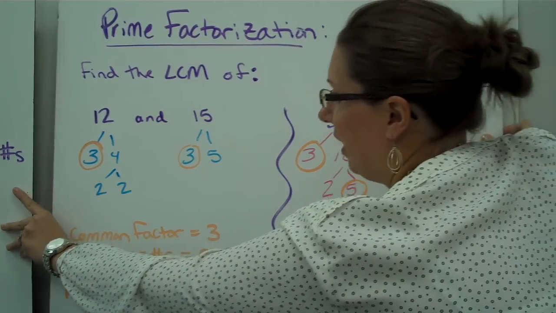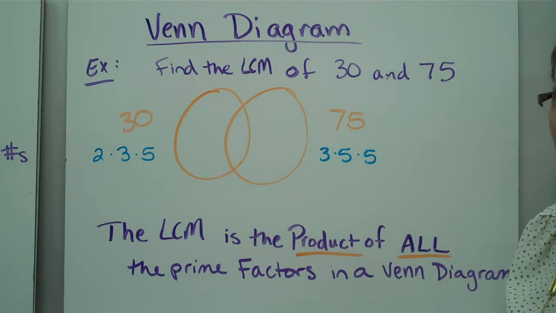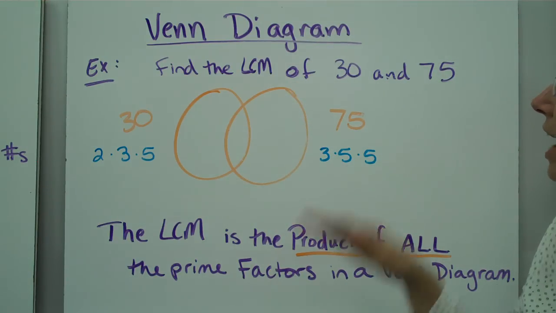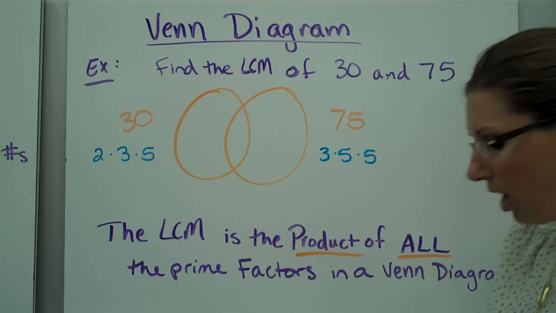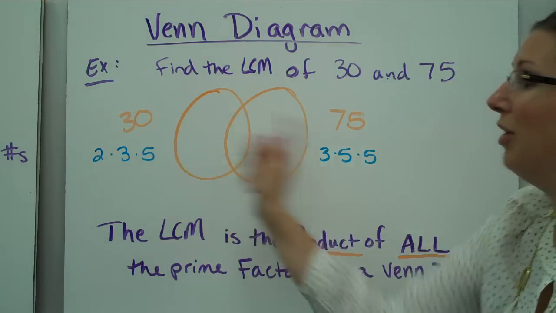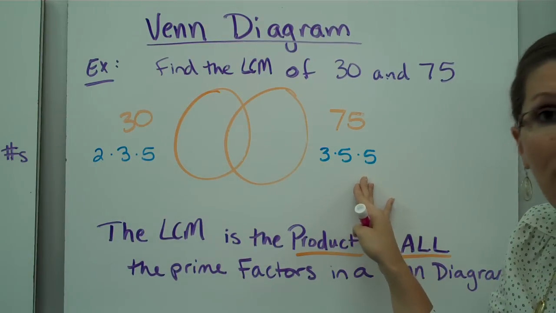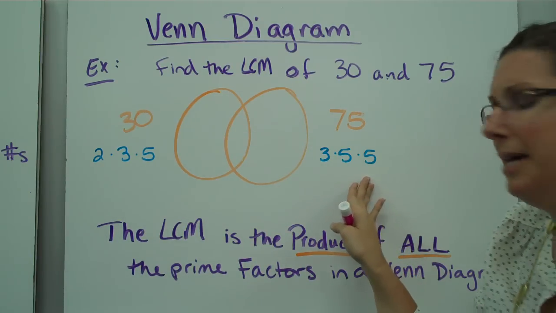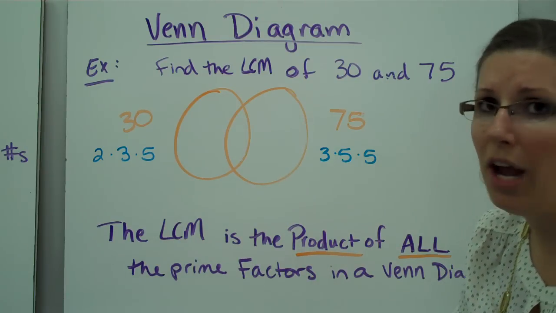Let's try a different method. Let's try Venn diagram. As you can see, I have the same numbers that I used in the last problem, 30 and 75. What I've done here is I just wrote down their prime factorization, since I've already done it. And now I'm going to lay these numbers inside my Venn diagram.